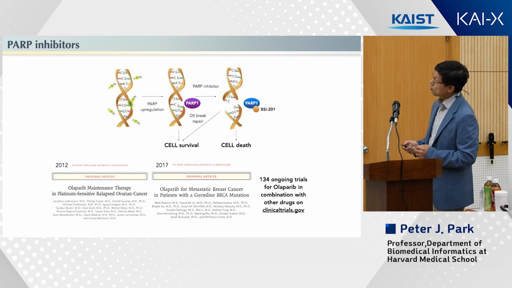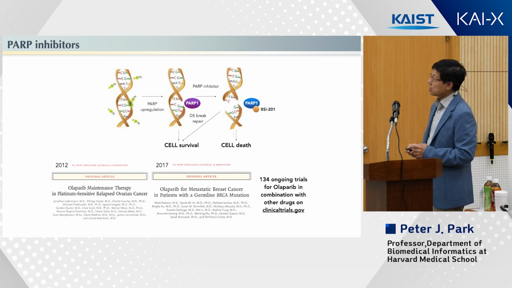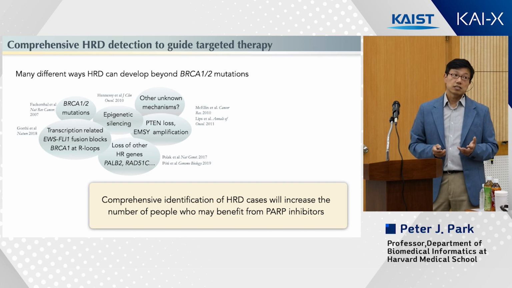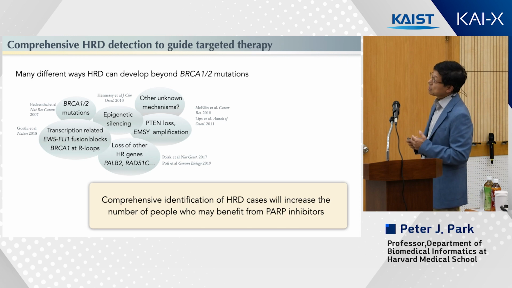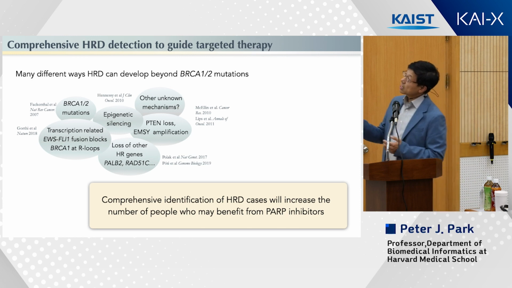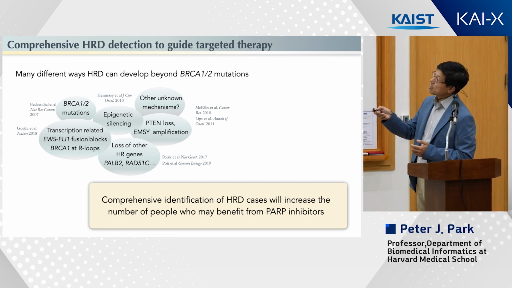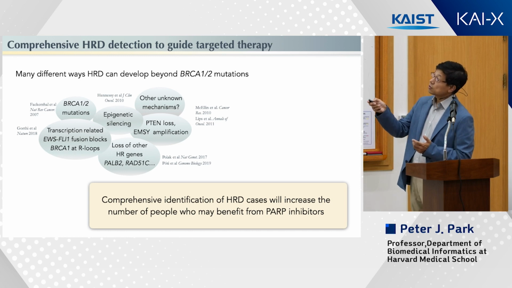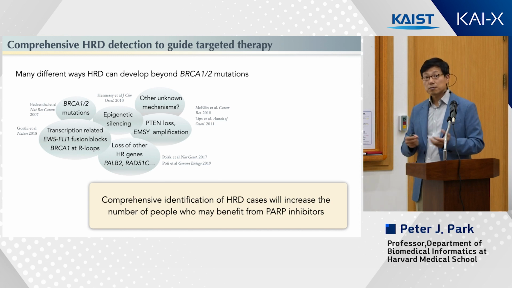But what we thought was, it's actually not just BRCA1 and 2 in breast cancers, but lots of other genes that might give the same phenotype. You can sequence BRCA and find mutations, but there are other genes in the same homologous recombination pathway that can lead to HRD. For instance, epigenetic silencing: BRCA might be silenced by methylation.